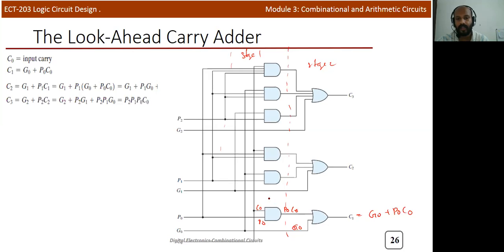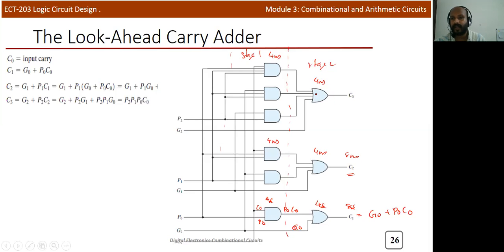Suppose this AND gate provides a delay of 4 nanoseconds, and this OR gate also provides a delay of 4 nanoseconds. So 4 plus 4, after 8 nanoseconds we will get the output. Similarly, to calculate C2, again it requires 4 nanoseconds in this stage and 4 nanoseconds in the OR gate stage, so total 8 nanoseconds. Again here it's 4 nanoseconds and here also 4 nanoseconds, so total 8 nanoseconds we require to calculate C3.